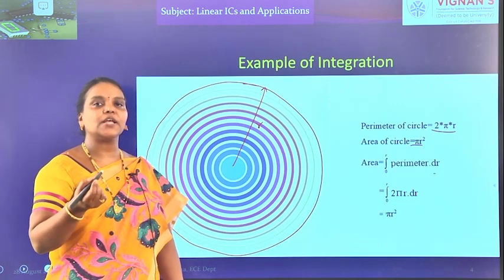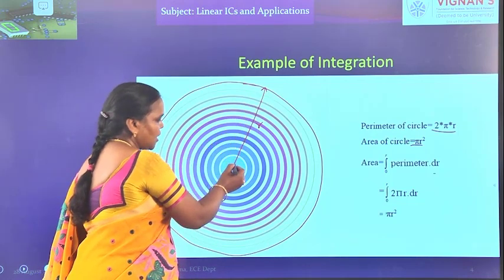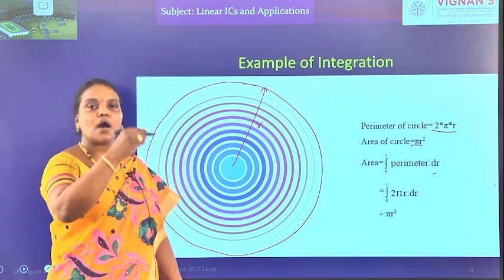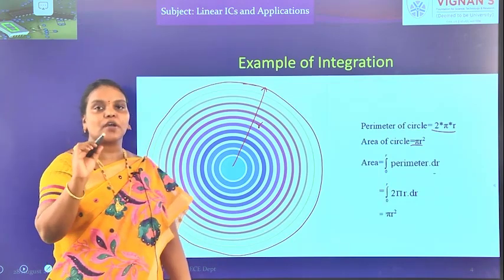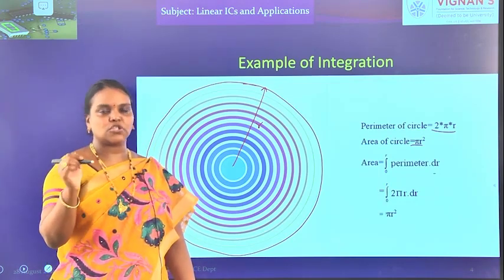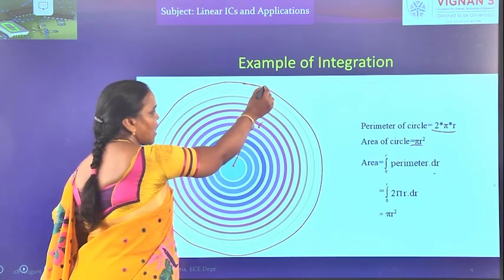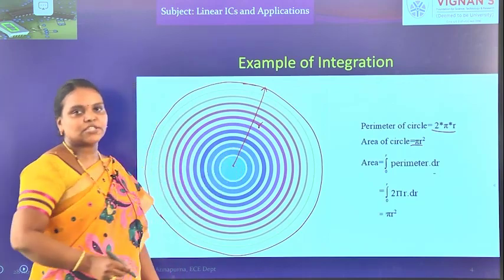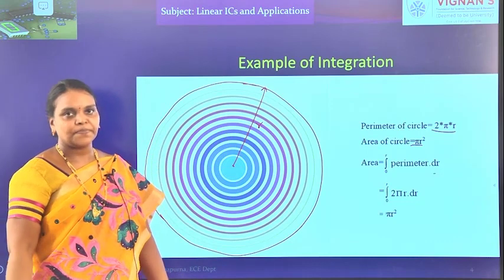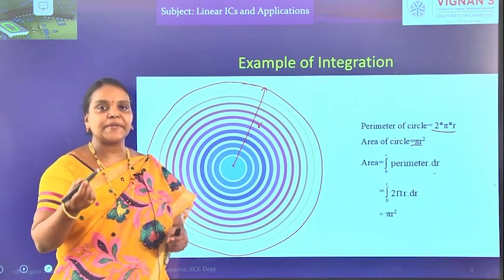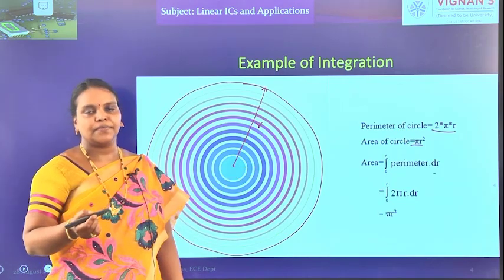Once you know the perimeter, to find the area, from this outermost circle you draw all contiguous circles towards zero radius, starting from r and decreasing towards 0. That is, all this space is covered with circles. Now, if you add the perimeters of all these circles, then it is nothing but the area.